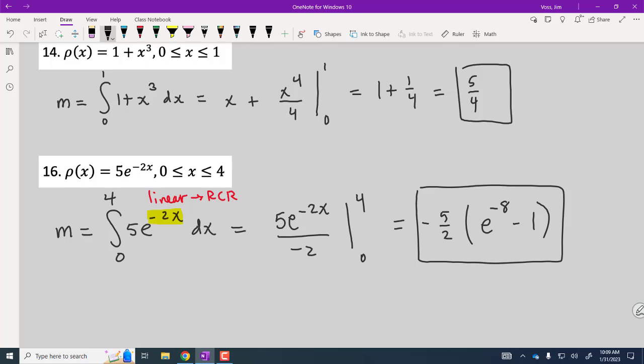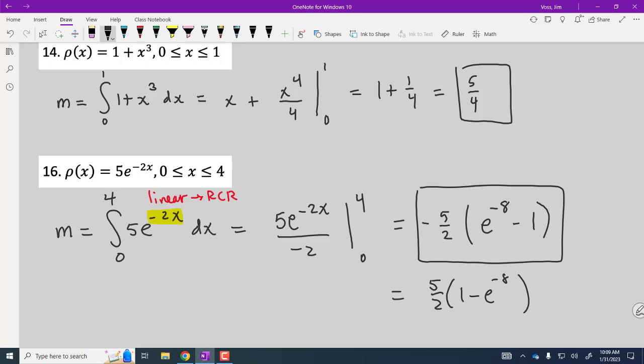Is mass positive or negative? Is that number positive? It is, because of the fraction. The negative number, right? This is a super tiny number, less than 1 in magnitude. So this part's negative and this part's negative. If you wanted to, you could rewrite it so it doesn't look like it wants to be negative.